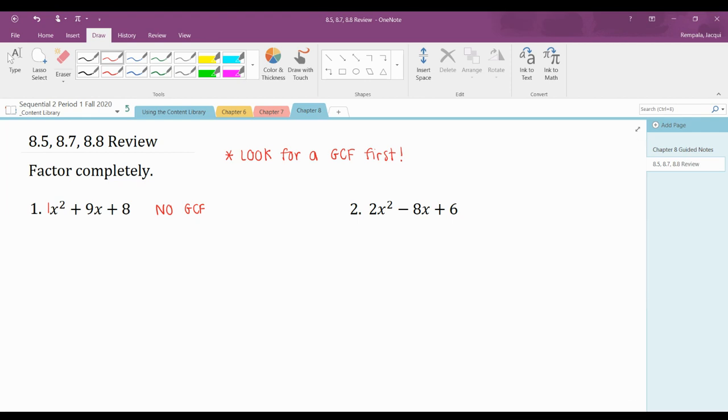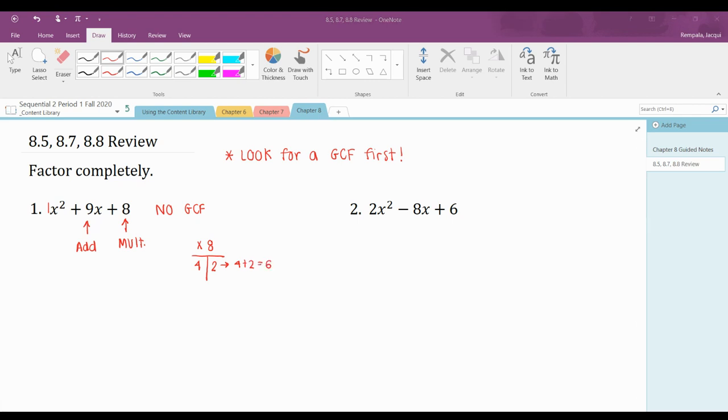Then the next thing to look at is the fact that because there is just a 1 in front of the x squared, we are going to be thinking about numbers that multiply to the last number but add to the number in the middle. If I'm looking for numbers that multiply to 8 but add to 9, there's a couple of ways to multiply to 8. 4 times 2 multiplies to 8, but if I add those two numbers, that's only going to add up to 6.